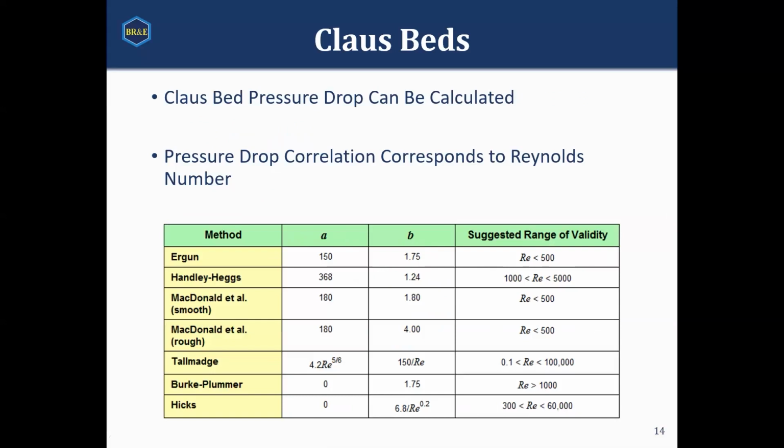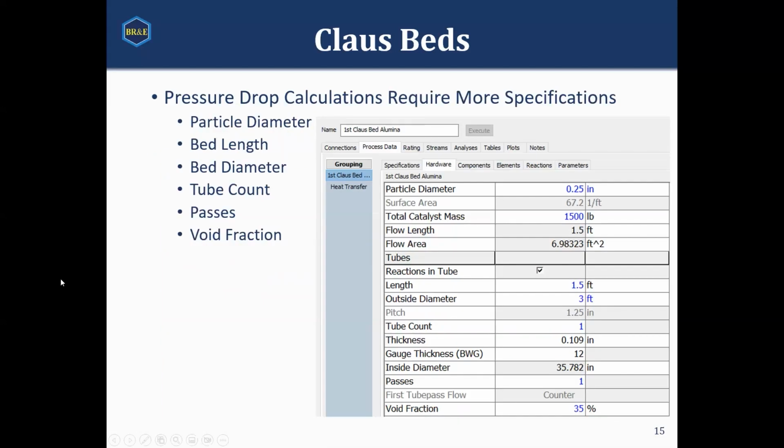But like I said, the pressure drop equation that we use to determine your pressure drop, as well as the friction factor that goes into it, is going to be the same for each correlation. It's just what numbers you're going to be plugging in. So let's go ahead and work on that too.